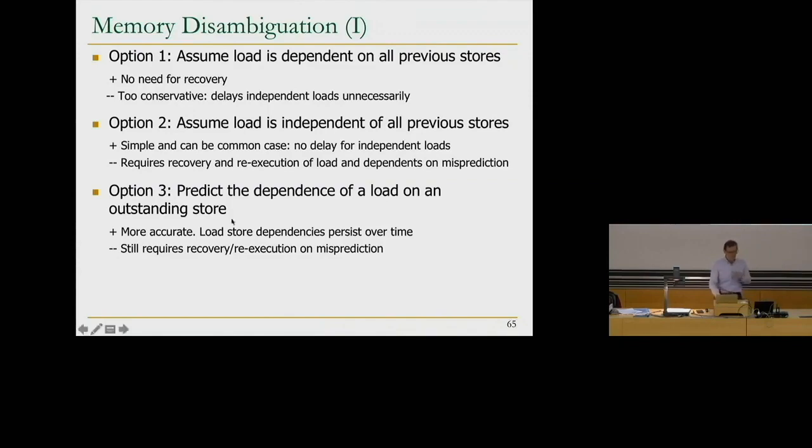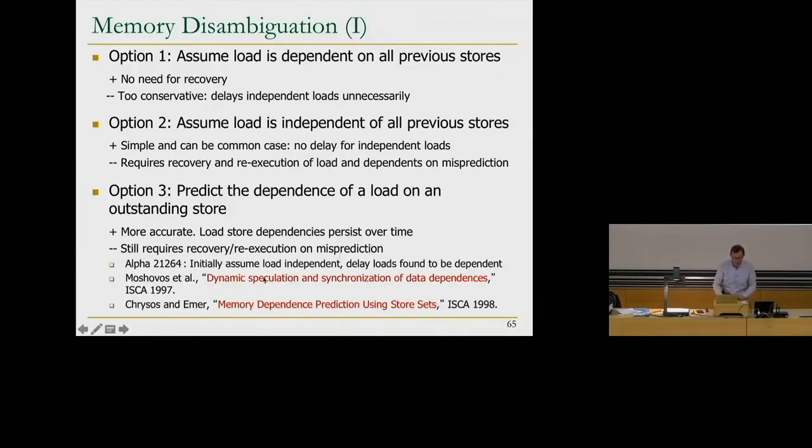This is more accurate, clearly. Because load-store dependencies persist over time, people found that if this store is writing to a location that this load is going to read, whenever you go back to the same load and store in a loop, for example, it's going to happen again and again. So you can learn from past executions. But of course, if you're wrong, you still need to recover and re-execute.